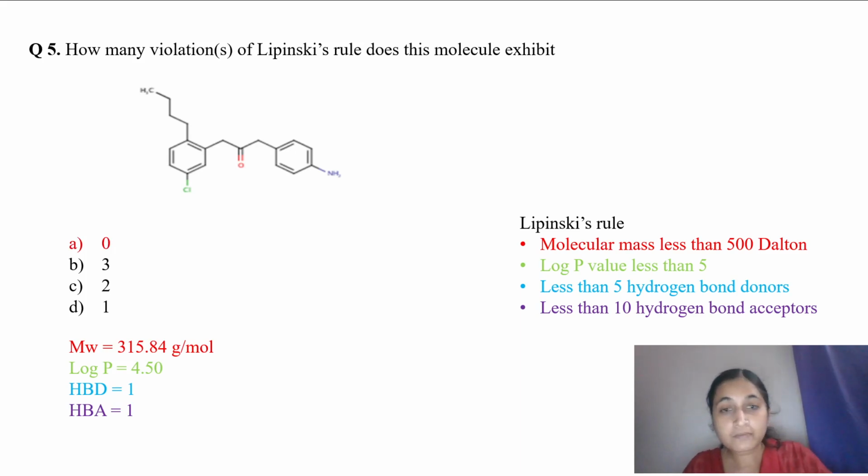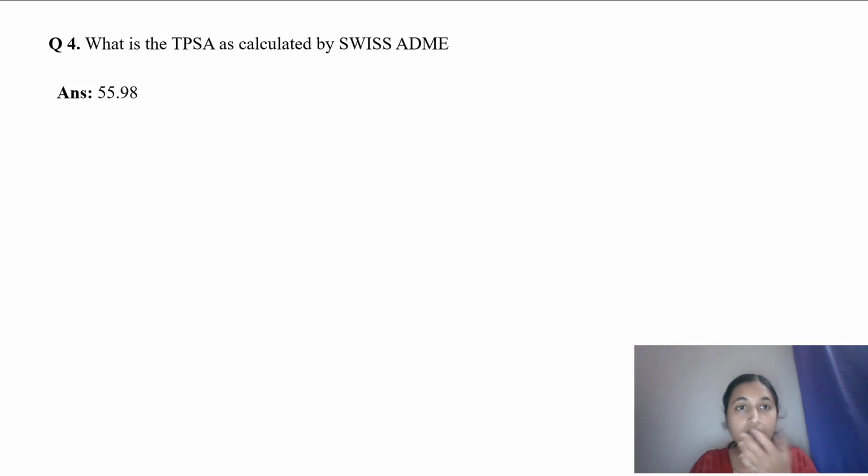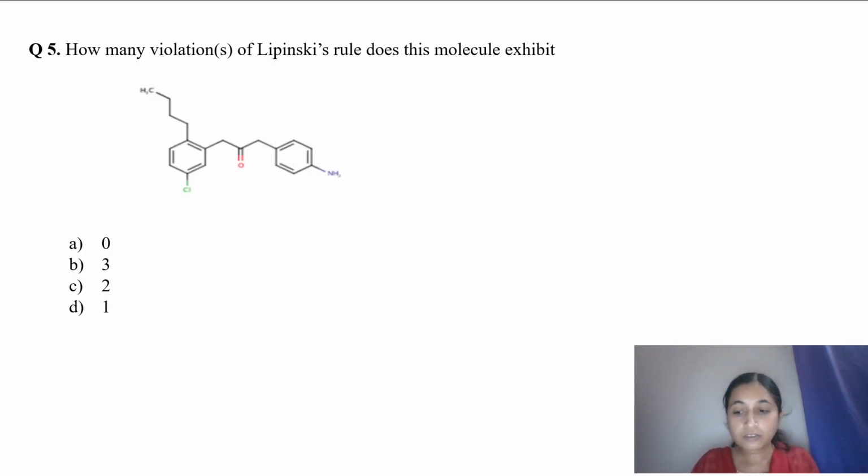Okay. Okay. Question number 4. What is the TPSA as calculated by Swiss ADME? It is connected with question 3. Oh, your question is different, I think, question number 4. But we are not allowed to solve your assignment.